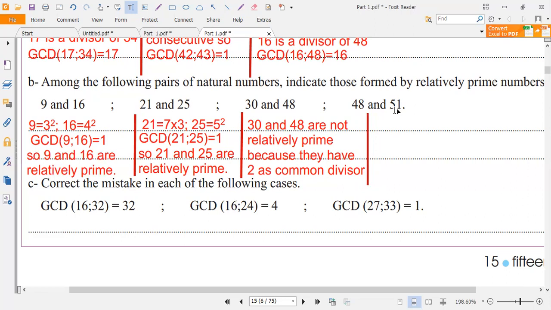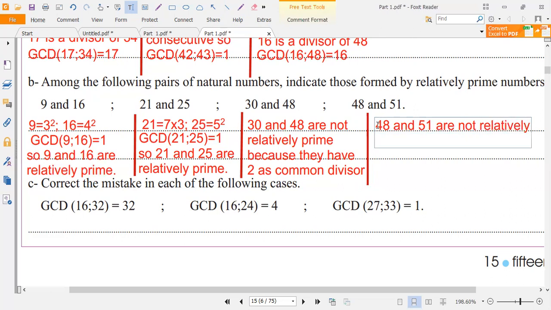So this number is also divisible by 3. So they have 3 as a common divisor, so they are not relatively prime. So 48 and 51 are not relatively prime because they have 3 as a common divisor.